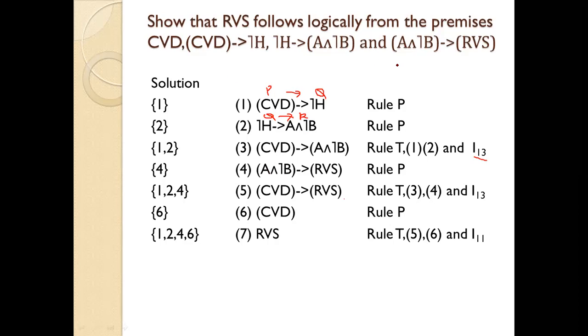Then this, A and negation of B implies R or S. This is the third premises which is given to you. So again we'll apply the same thing.